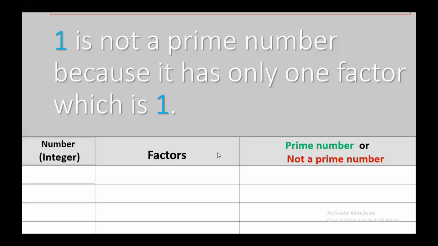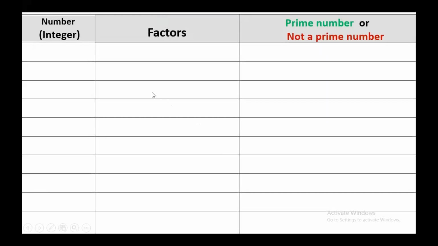Now I'm going to check. I'm going to take numbers 1 till 10 and check one by one. First is one. Since the factor of one is one, we can say one is not a prime number. Now, two.